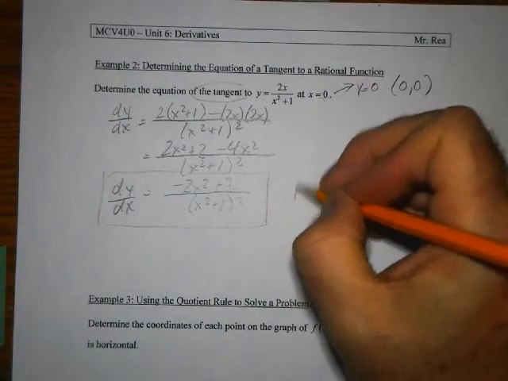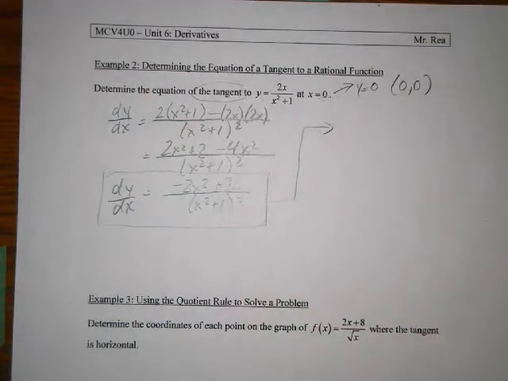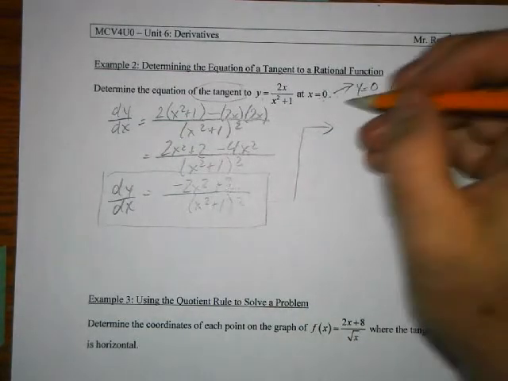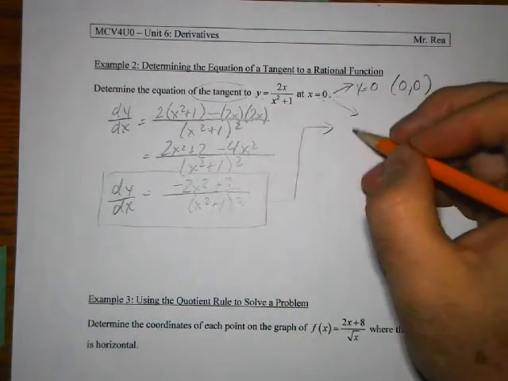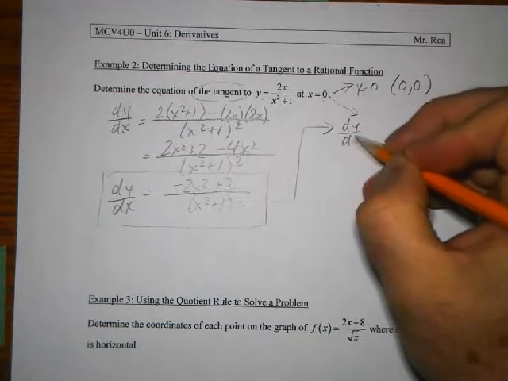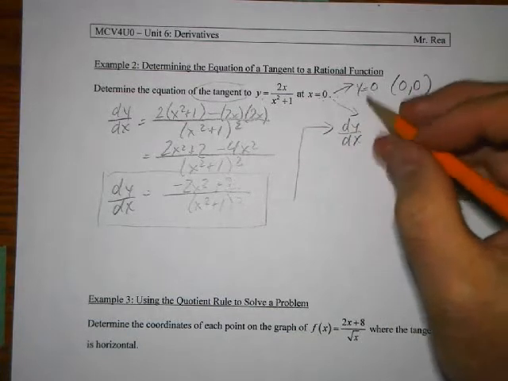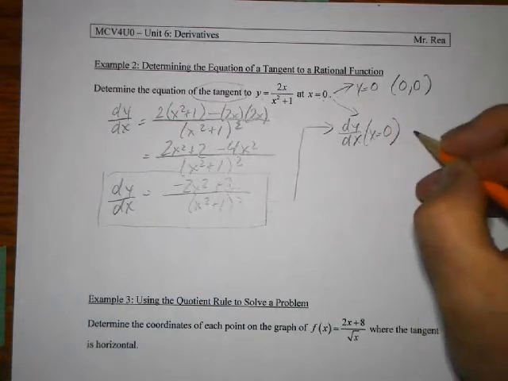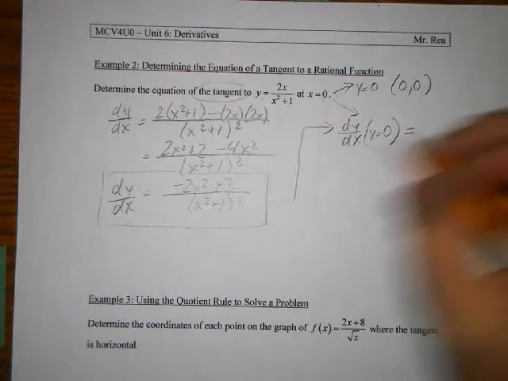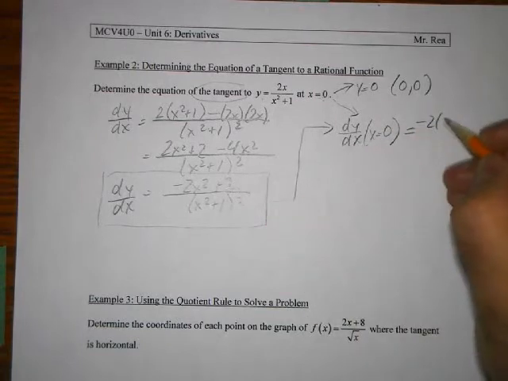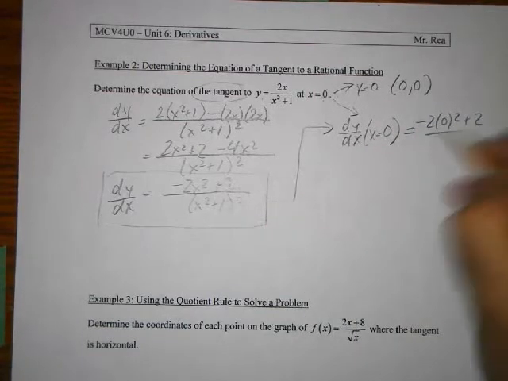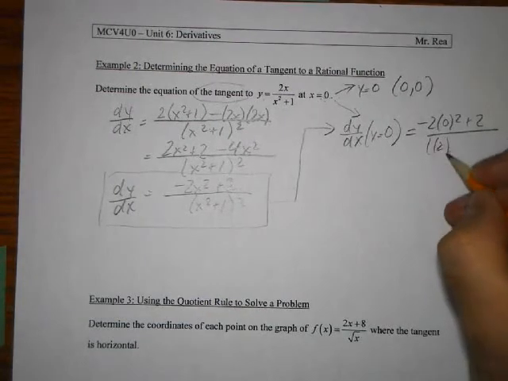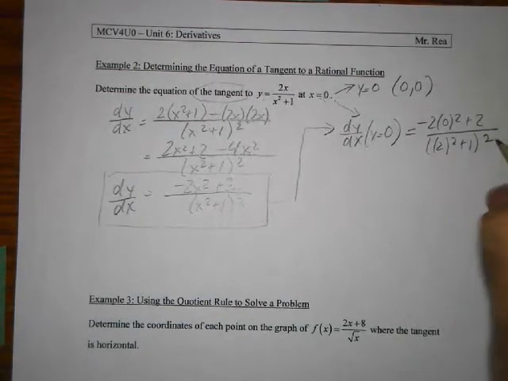Okay, so we're going to take this derivative. We're going to plug in our x equals 0. So dy by dx for x equals 0, I'll just put that in there, is equal to, and now we're going to go negative 2, 0 squared plus 2 over (0 squared plus 1) squared.